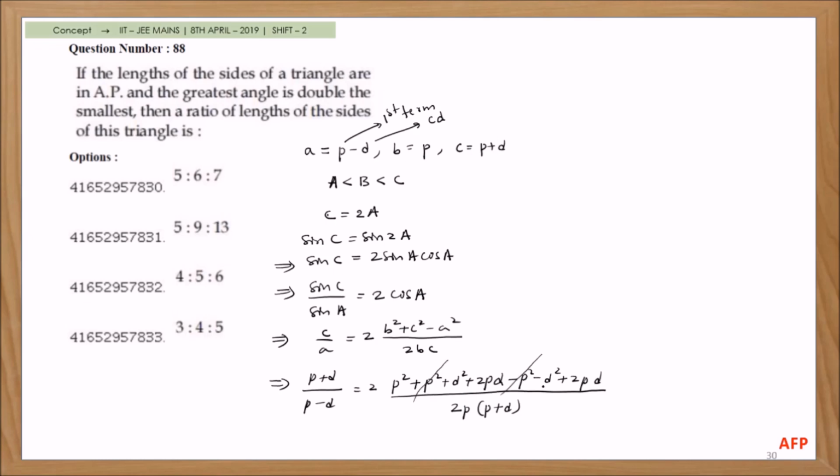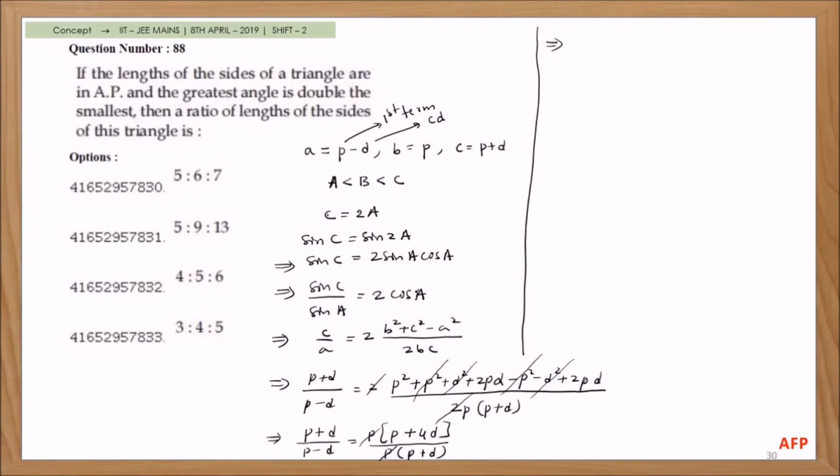The p square terms and the d square terms cancel, and the 2 also cancels. So p plus d divided by p minus d is equal to 4 times p, so if you take p common, 1p remains plus 4 times d, whole divided by p into p plus d. Again p will get cancelled in the simplification.